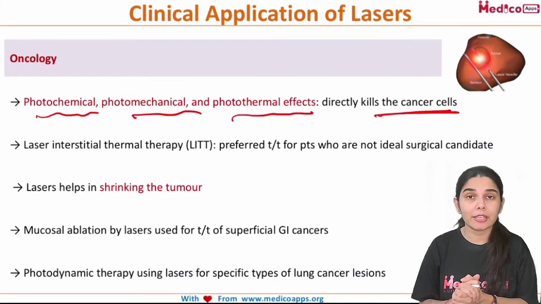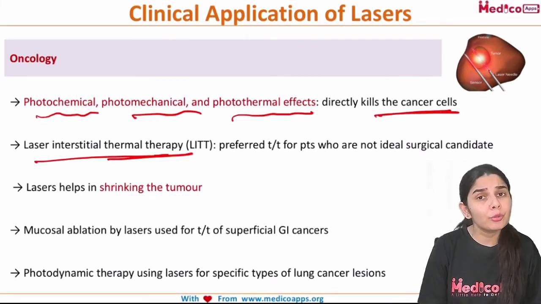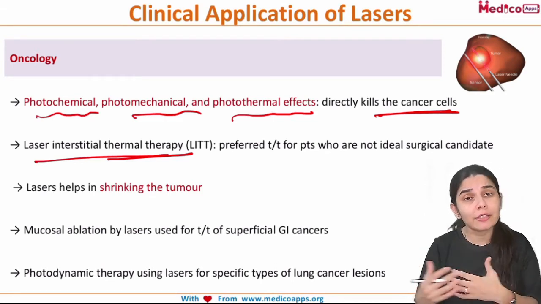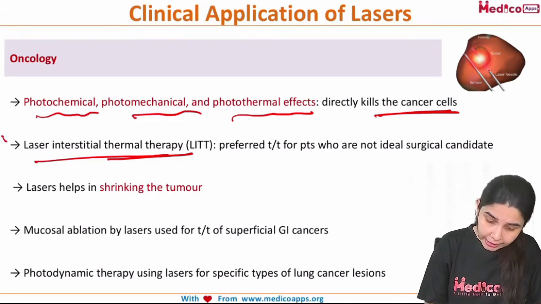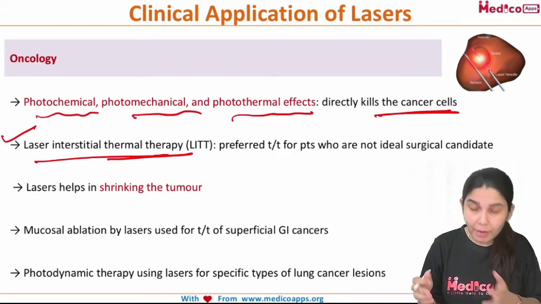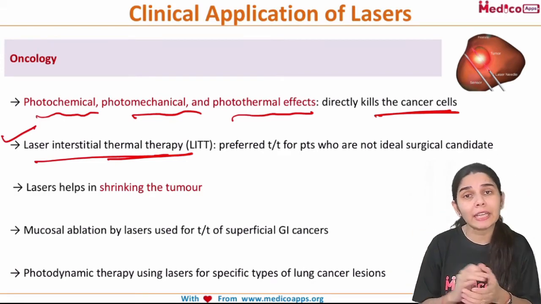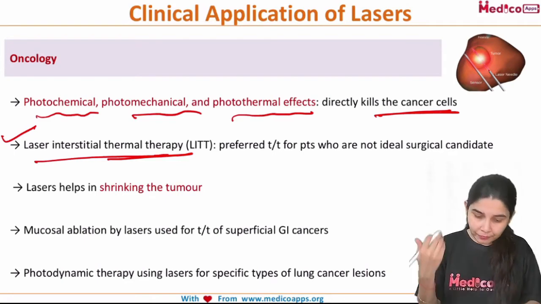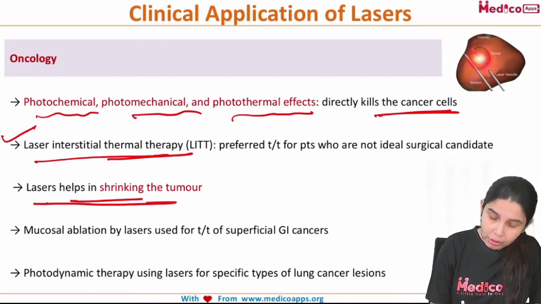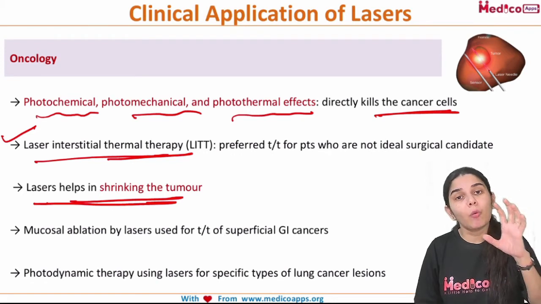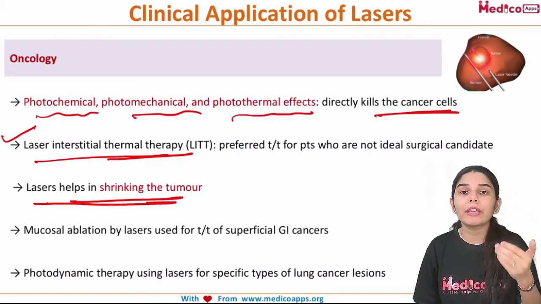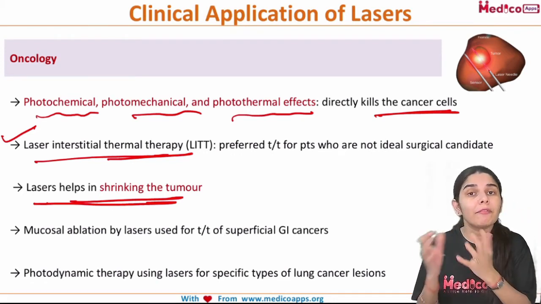or absorption of energy in the form of light, and that energy helps in killing the cancer cells. The other lasers used in oncology are the laser interstitial thermal therapy, which is preferred in patients who are not ideal candidates for surgery. The laser also helps in shrinking the tumor. Once the tumor is shrunk, we can remove it very easily.